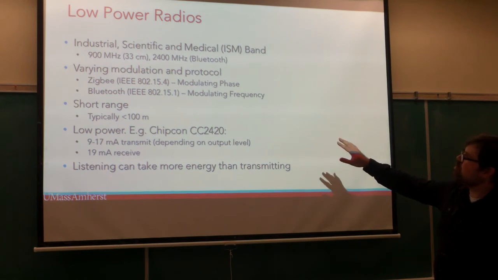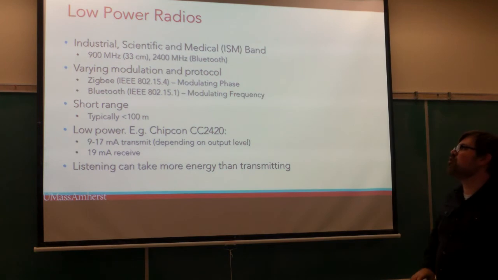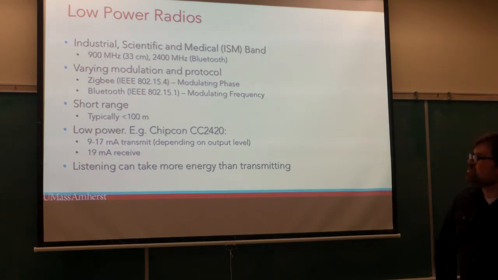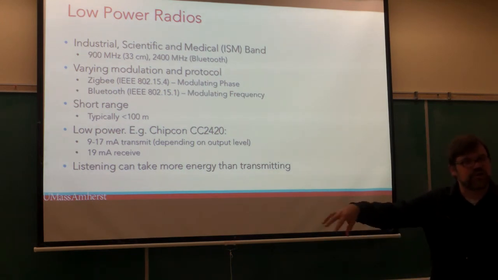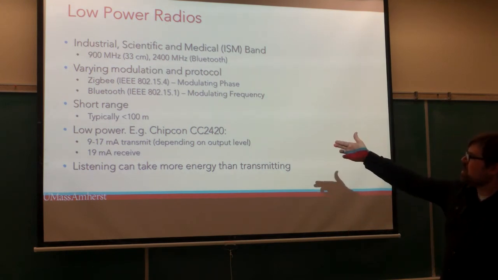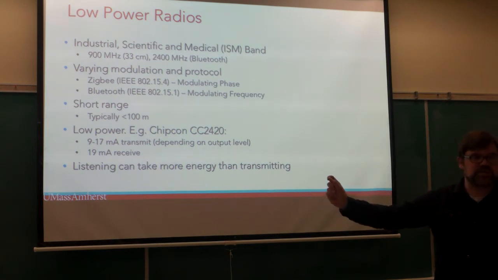There are also a couple of protocols, like RFID tags, for example, that operate in the 900 megahertz band. And these different radios can have different modulation schemes and protocols. Zigbee is traditional: you pick a frequency and use it, and it has carrier sense mechanisms like you would find in Wi-Fi, where you can avoid collisions by listening for the presence of energy from another transmitting radio. But Bluetooth, for example, actually modulates its frequency with each packet.